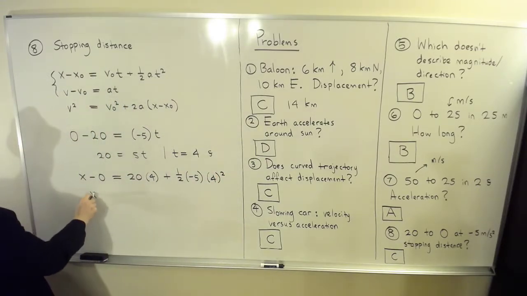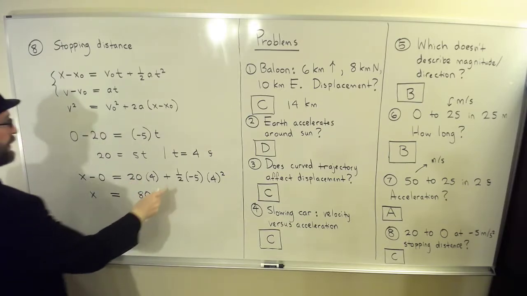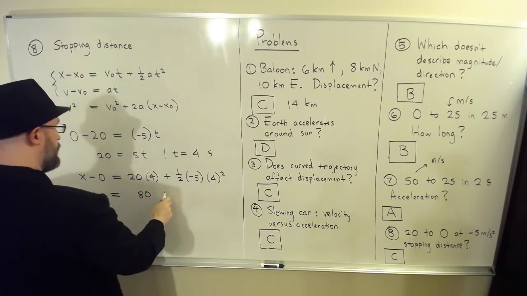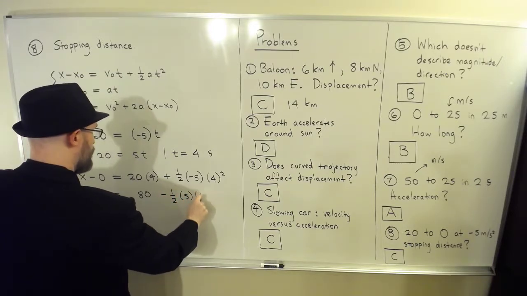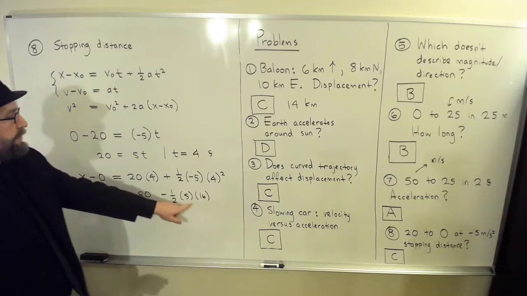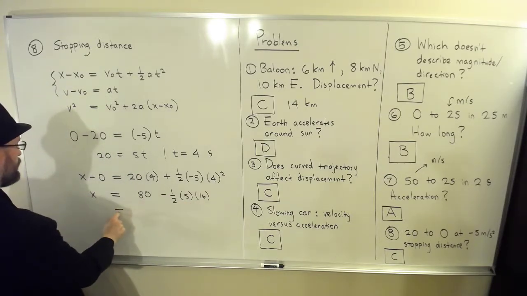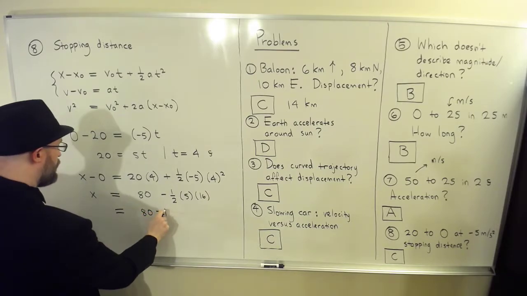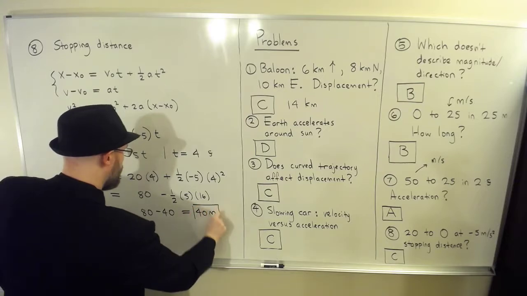So this is going to tell me that x is 20 times 4 is 80, and then the minus is going to come out, so this is going to be a -1/2 times 5 times 16. 5 times 16 is 80, 1/2 of 80 is 40, there's a minus sign here, so this is 80 minus 40. This is 40 meters, is the stopping distance.